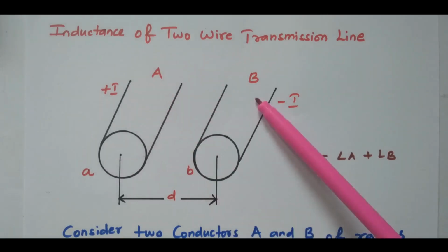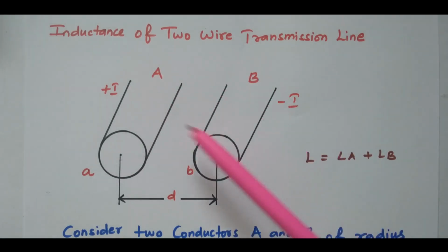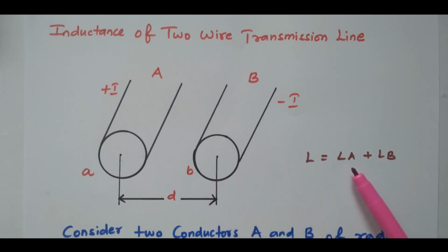So we have two conductors A and B with the current plus I and minus I, radius small a and small b, and the distance d meters. So the total inductance is the loop inductance between conductor A and B, which is LA plus LB: inductance due to conductor A, inductance due to conductor B. L equals LA plus LB.